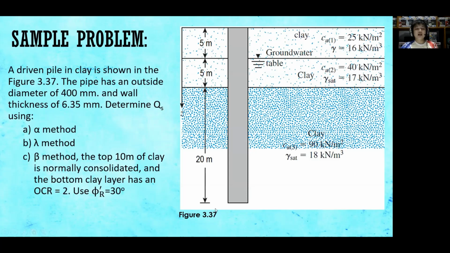The top 10 meters of clay is normally consolidated. This is the first layer. And the bottom clay layer has an OCR equal to 2, which means that it is overconsolidated. And for letter C, the beta method, use phi prime R equal to 30 degrees.